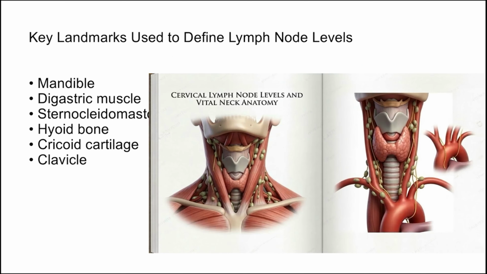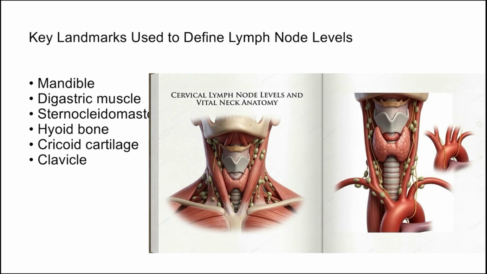Cervical lymph nodes follow a predictable anatomical pattern of drainage. To simplify communication between clinicians, these nodes are divided into standardized anatomical levels. This classification allows surgeons, oncologists, and radiologists to describe the precise location of lymph node involvement.